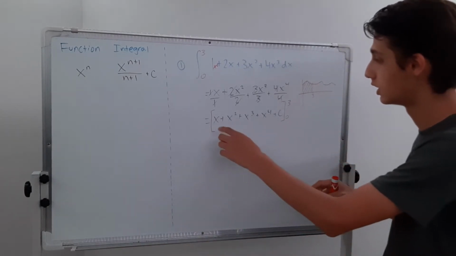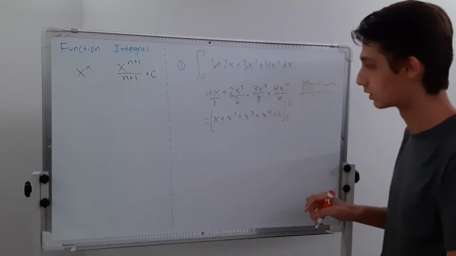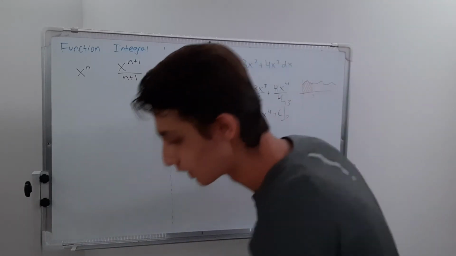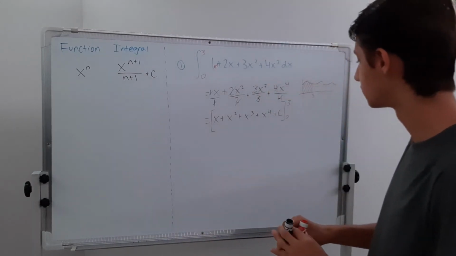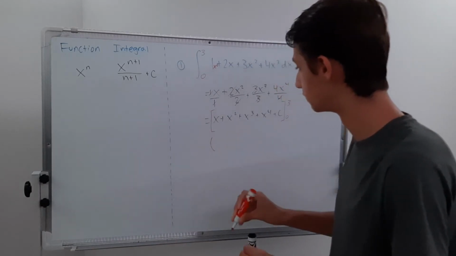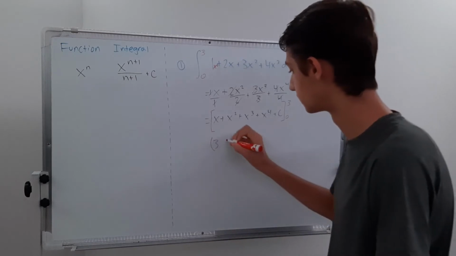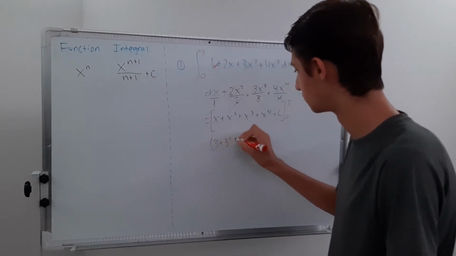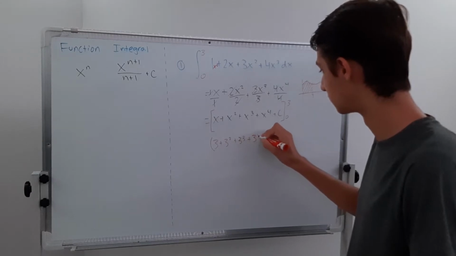We plug in 3 for all of these, and we subtract 0. So let me do this here. We're starting with our 3, so we have 3, plus 3 squared plus 3 cubed plus 3 to the 4th.